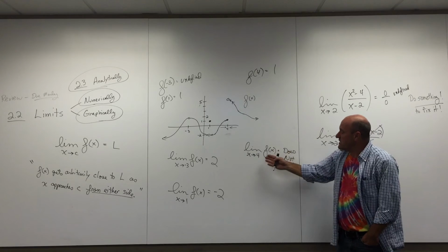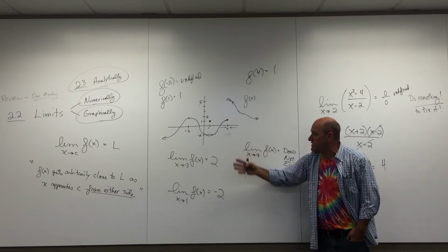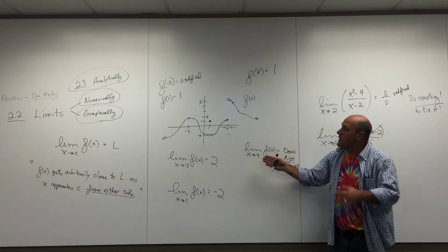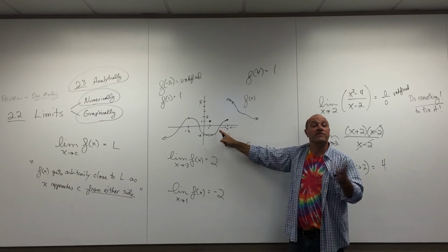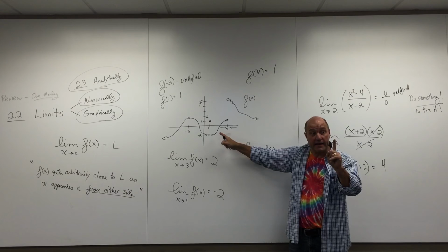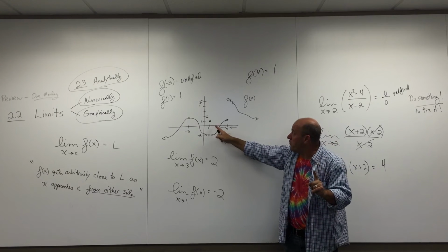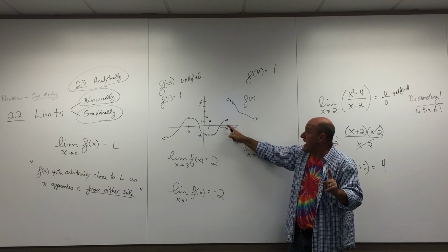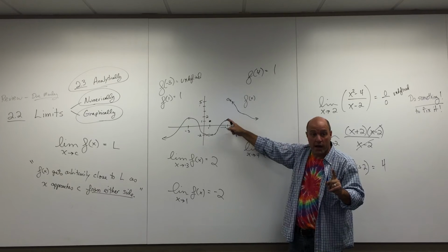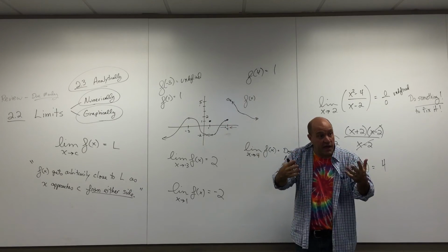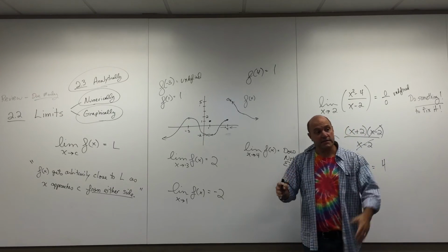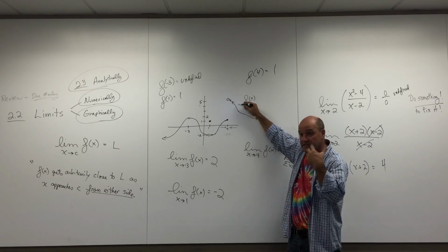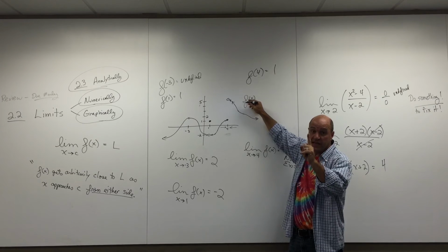All these limits are what's called two-sided limits, but somebody could ask you, as you approach 4 from the left, that would be a one-sided limit. And if you're approaching 4 from the left, I think it has an answer. It's 1. They could also say, what's the limit as x approaches 4 from the right? If you're approaching from the right, and they say those words, then that's a one-sided limit.